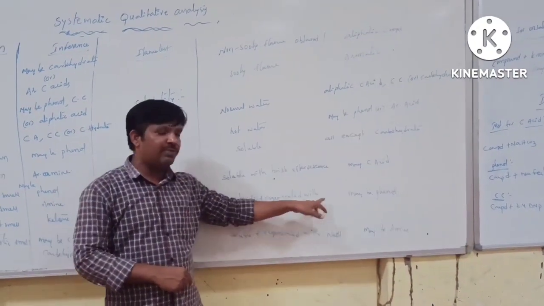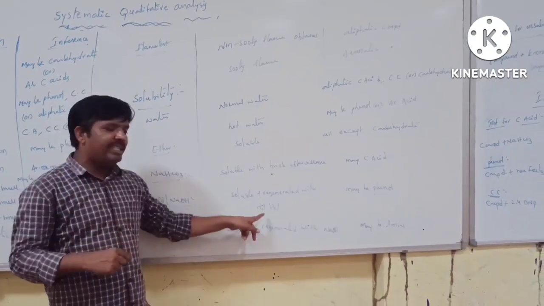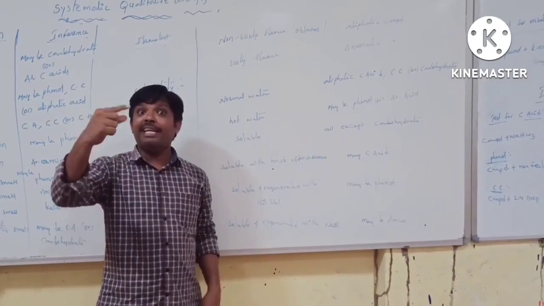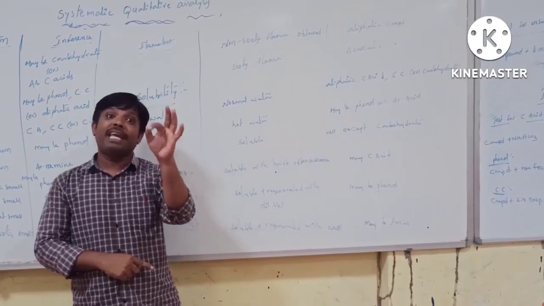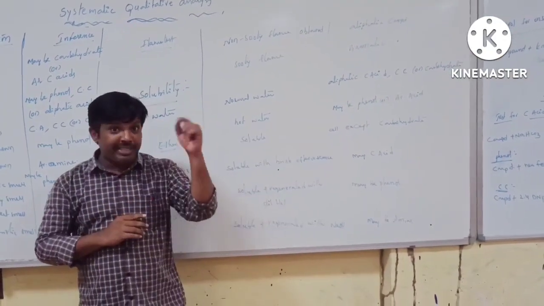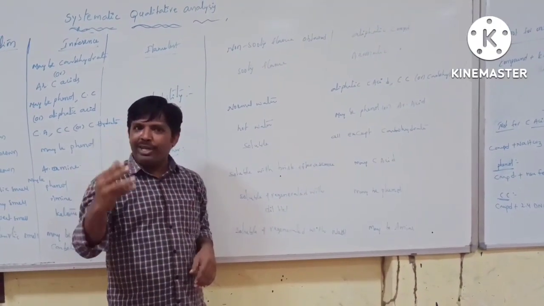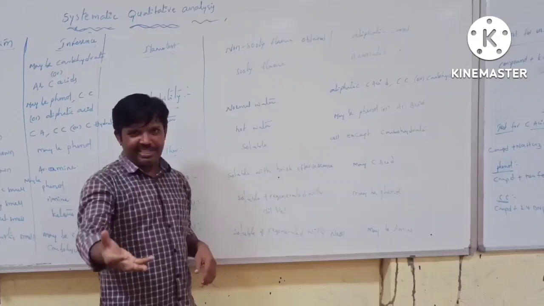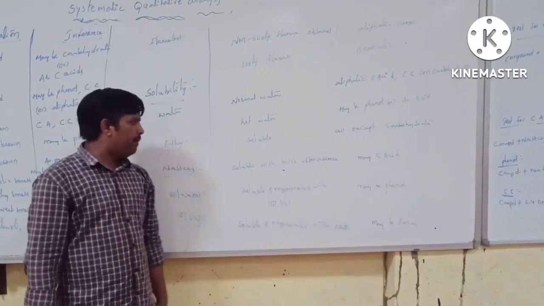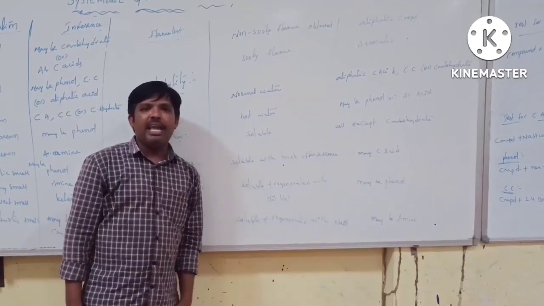This is the identification test for phenol. It dissolves in NaOH and regenerates with HCl. That itself indicates it is acidic in nature. That is also a viva question: why does it regenerate with HCl? Because phenol is acidic in nature. Then, if it is soluble in dilute HCl and regenerated with NaOH, maybe phenol is not it.